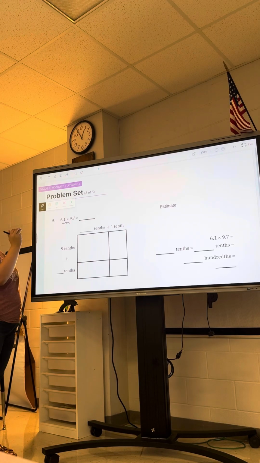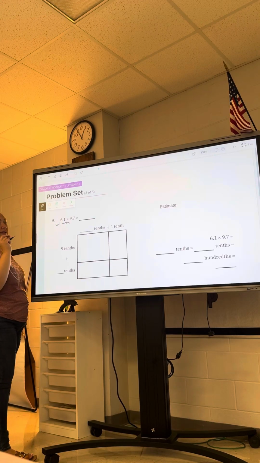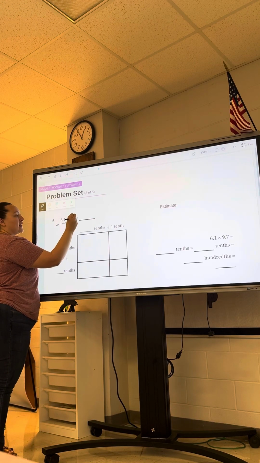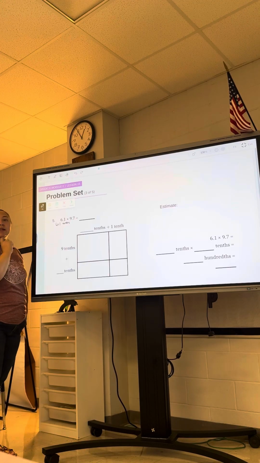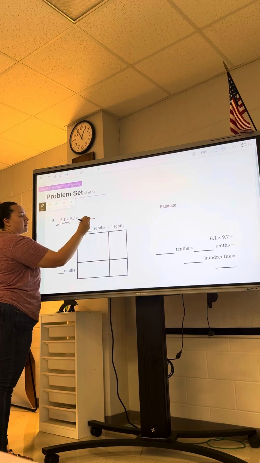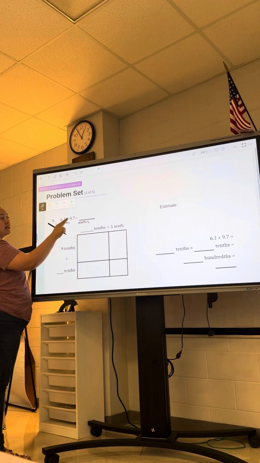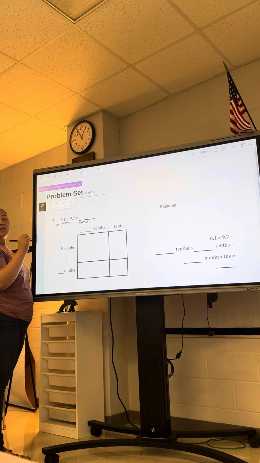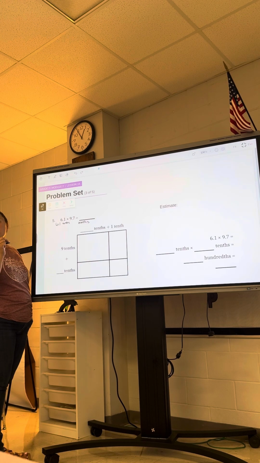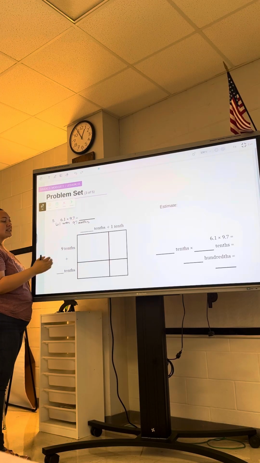Jason? 61 tenths plus, what about times 9.7? How would I write that just as tenths? Levi? 9.7? 97 tenths. Very good. So I have 61 tenths and 97 tenths.